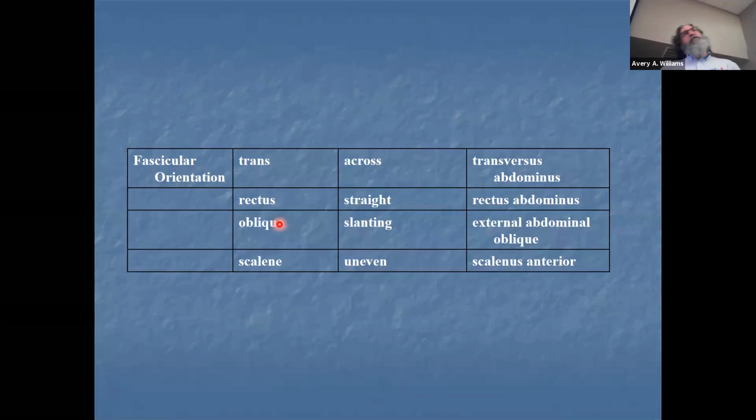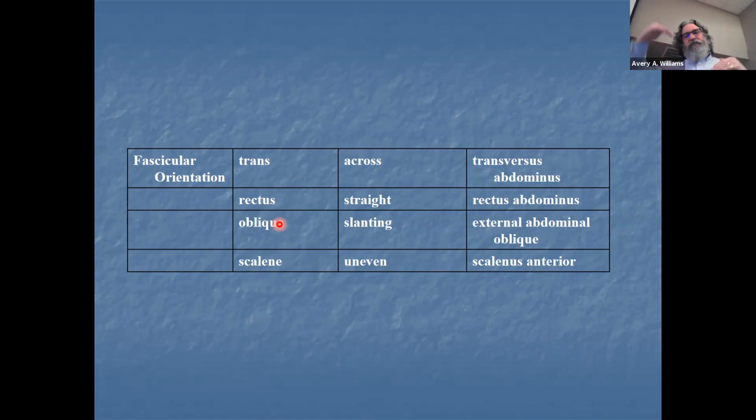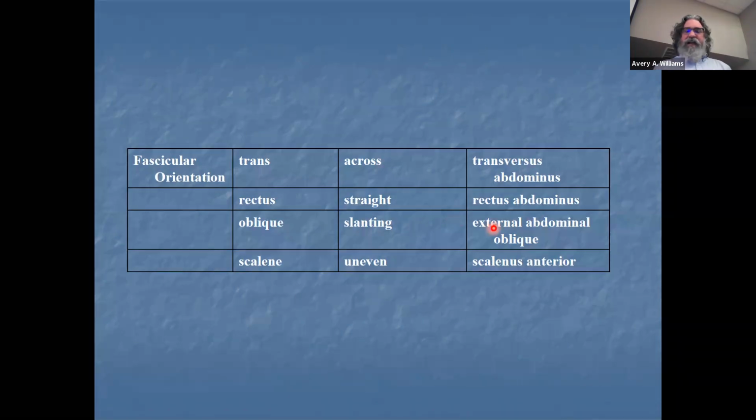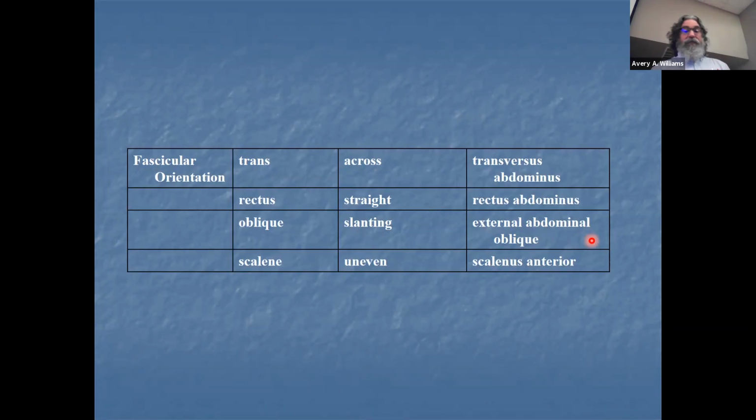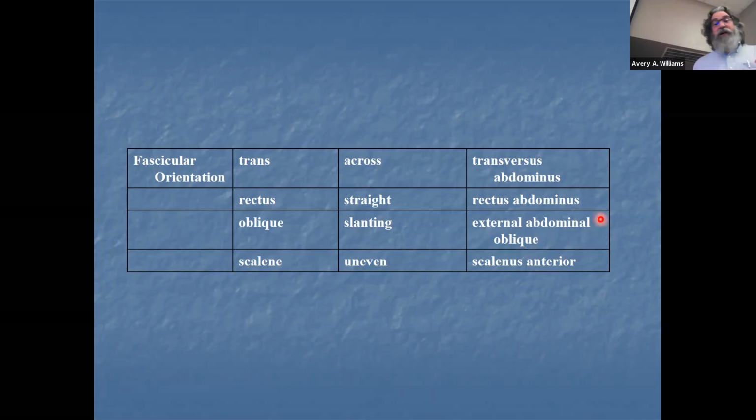Okay, oblique. Remember the word oblique literally means slanting, not horizontal, not vertical, but kind of in between, maybe like a 45-degree angle. There are 2 abdominal muscles making up the abdominal body wall: an external abdominal oblique and an internal abdominal oblique.